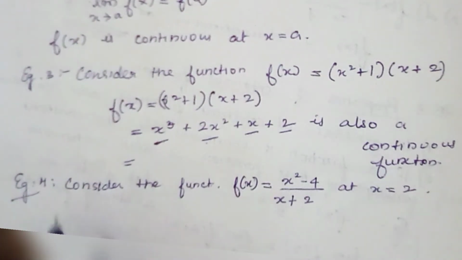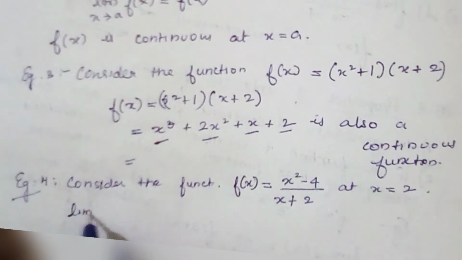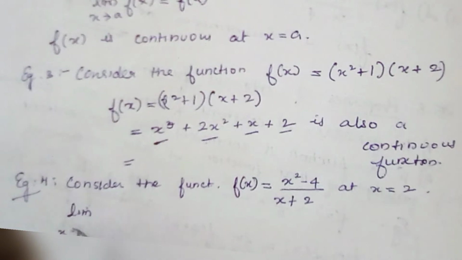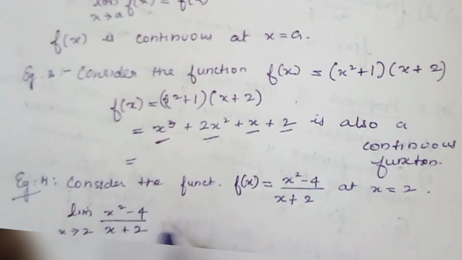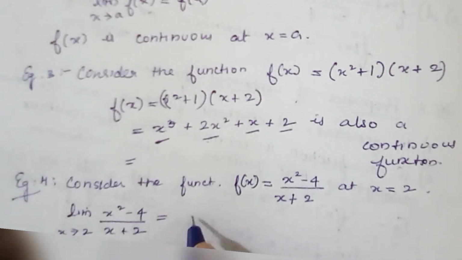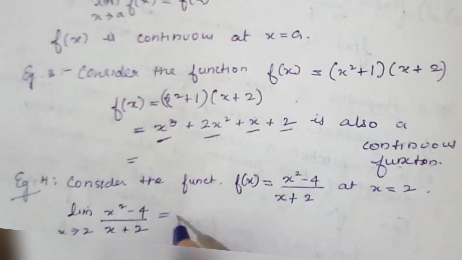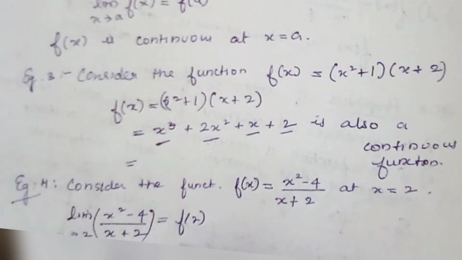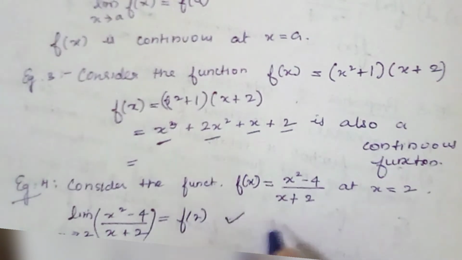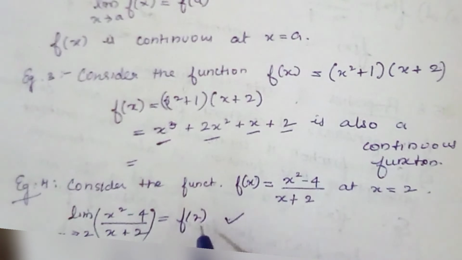So first we'll write limit x tends to 2 of x squared minus 4 by x plus 2 is equal to f of 2. Okay, we'll prove this. If this is correct, then we can say the function is continuous. Okay, we'll do it in the next page.